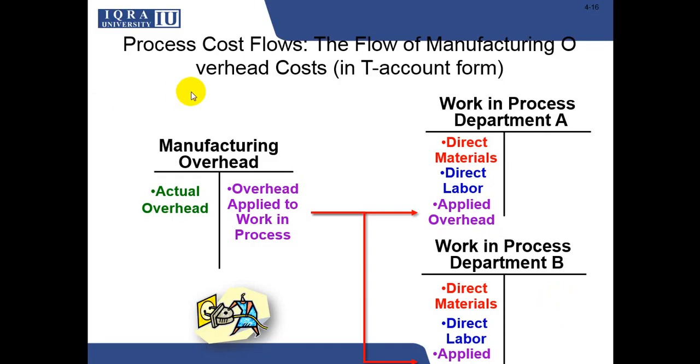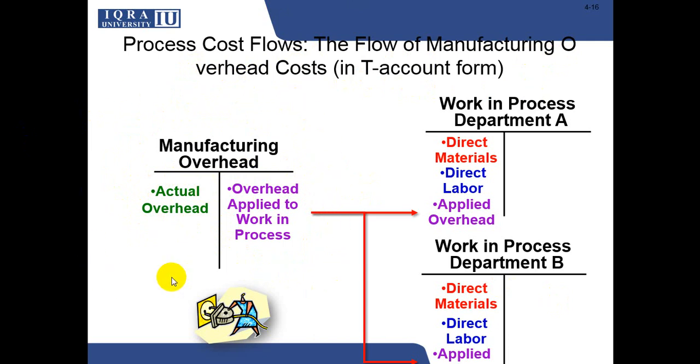Now the next one is process cost flow, the flow of manufacturing overhead cost in T account form. We have discussed the actual overhead cost and overhead applied to work in process in detail in job order costing.